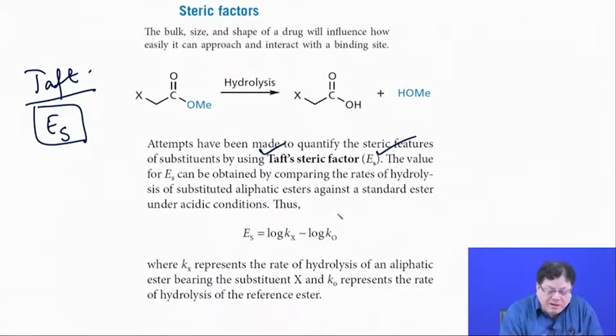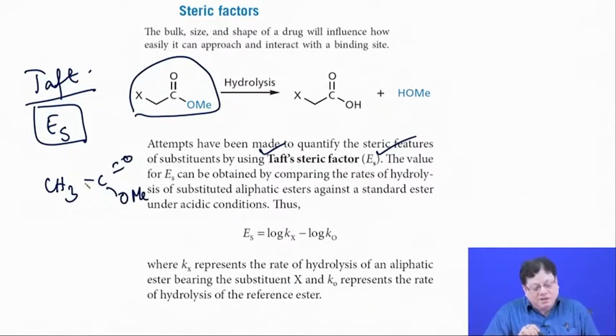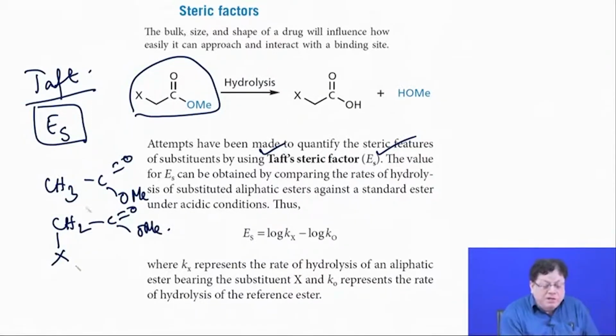What he did, he took say CH3COOMe, a methyl ester of acetic acid, and then substituted this methyl with different substituents, and then checked the rate of hydrolysis of these esters.